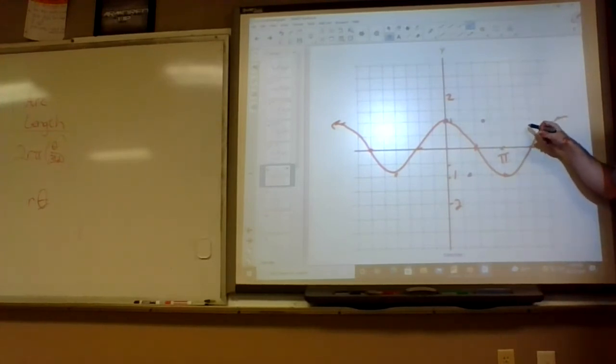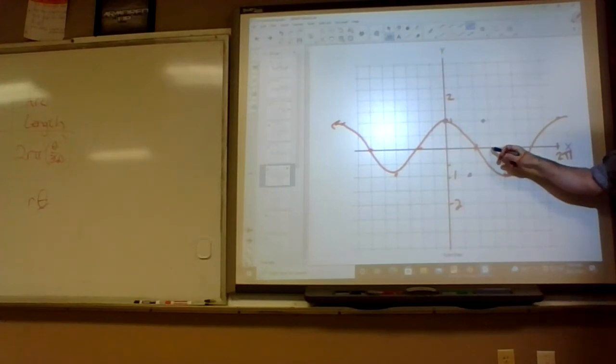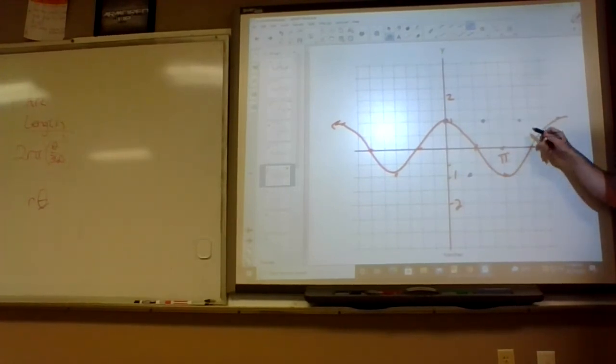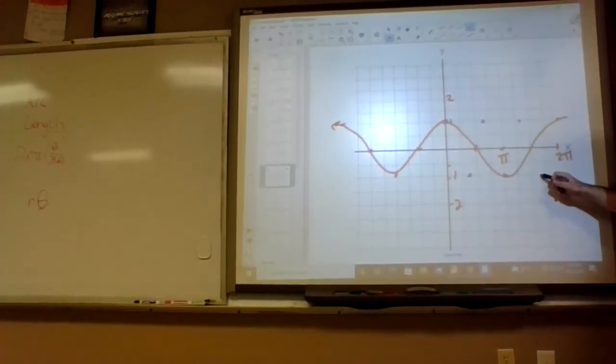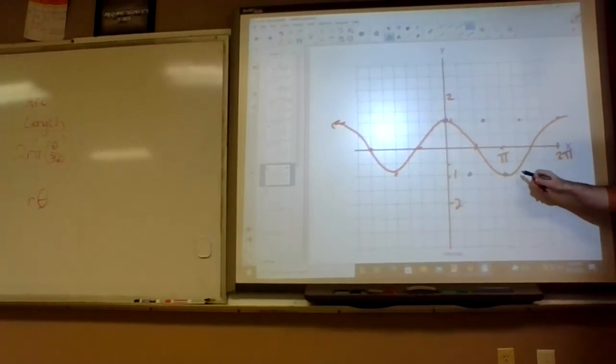So that would be 4 and 5 and 1/3. Let's see, 3, 4, 5, right there. That looked like it split up into thirds there. I don't know how to place.